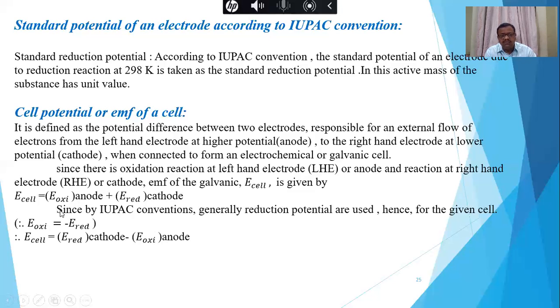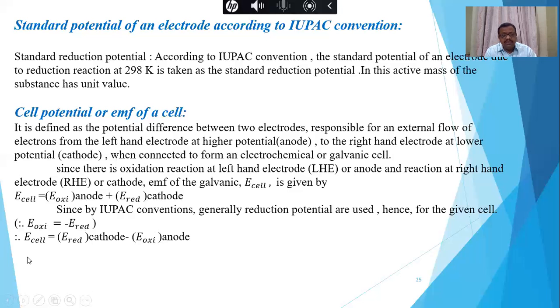This is the addition of oxidation and reduction. Since by IUPAC convention reduction potentials are generally used, for a given cell E oxidation is equal to minus E reduction.